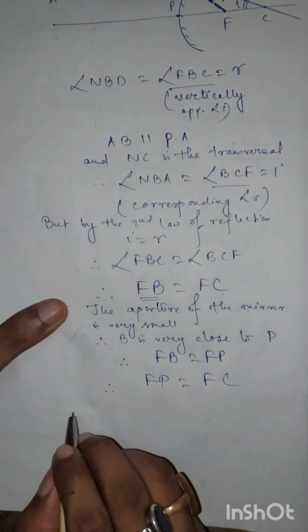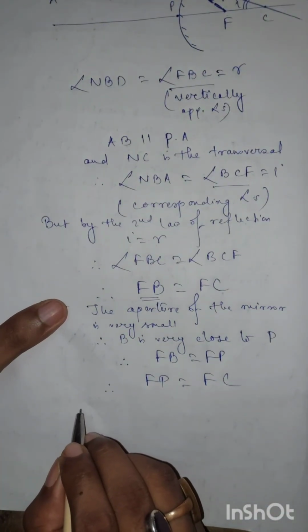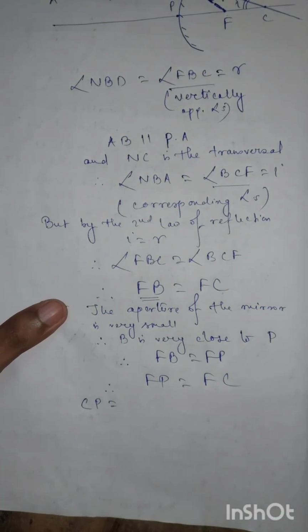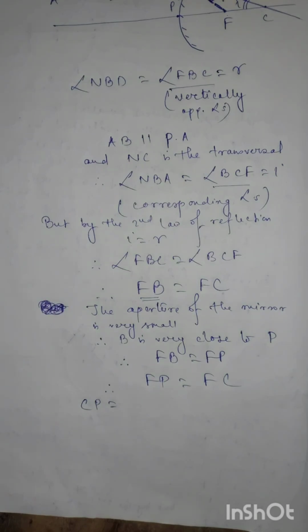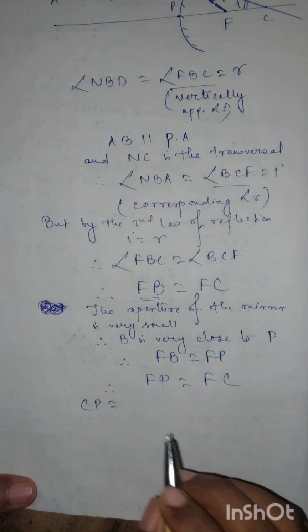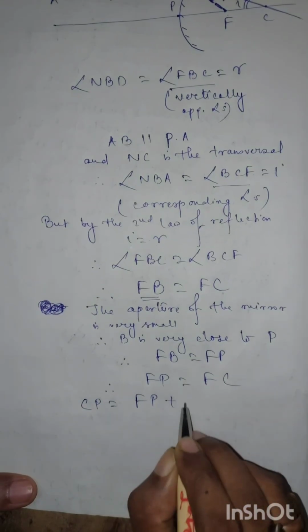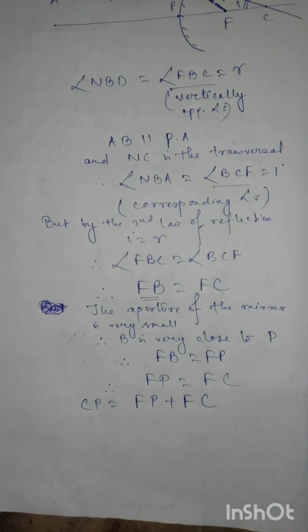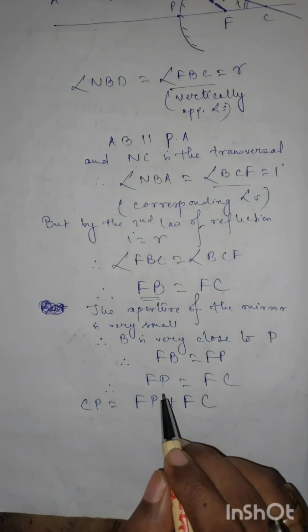Now, CP is equal to FP plus FC. But FP is equal to FC.